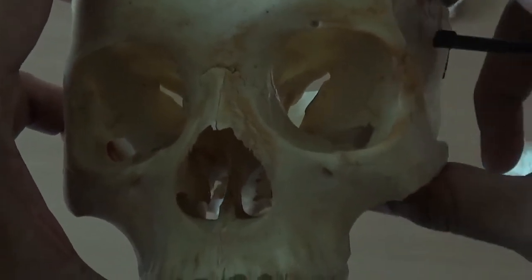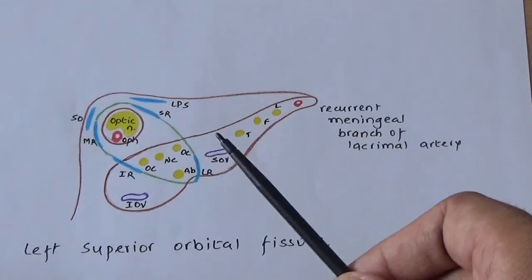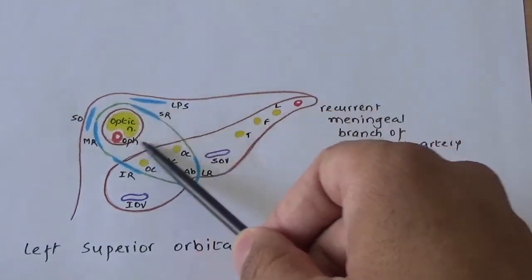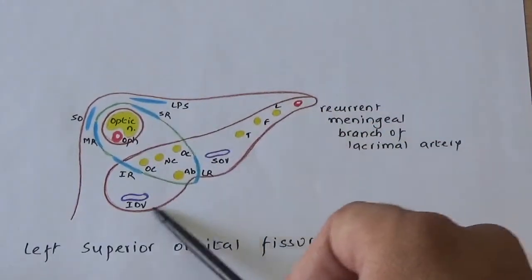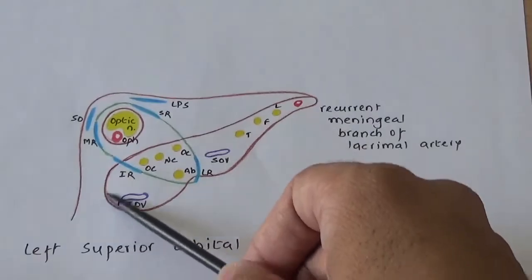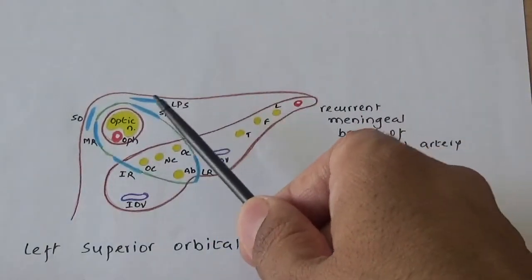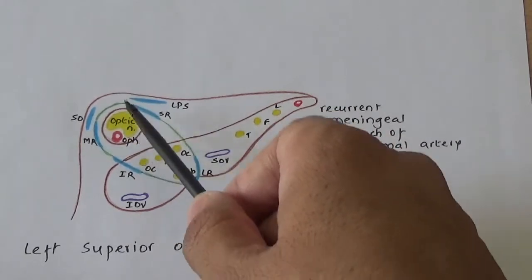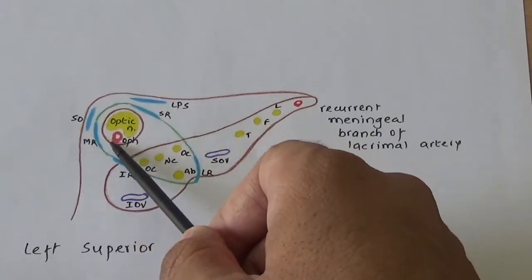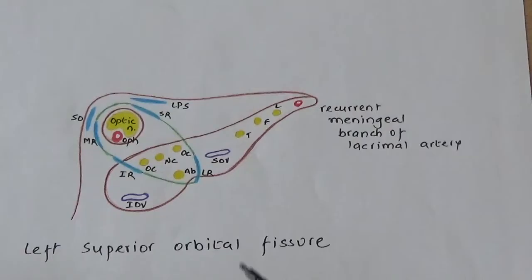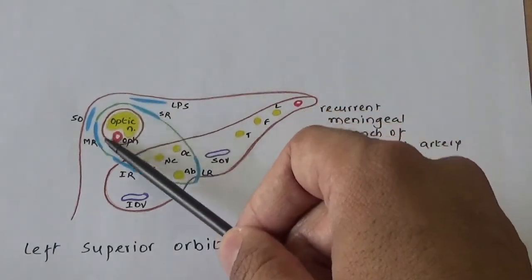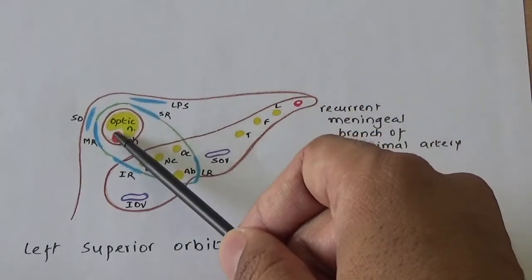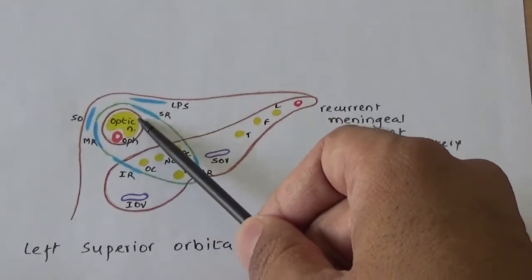Now let's see the diagram. Here you can make out this is the lesser wing of sphenoid, this is the greater wing of sphenoid, and here is the body of sphenoid. As you know, the lesser wing of sphenoid splits to form anterior and posterior roots, and in between it forms the optic canal. This optic canal allows passage of the optic nerve, ophthalmic artery, and the meninges.